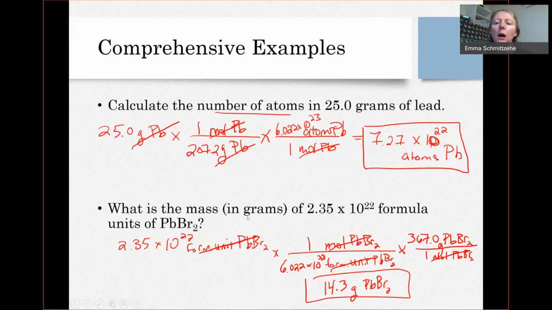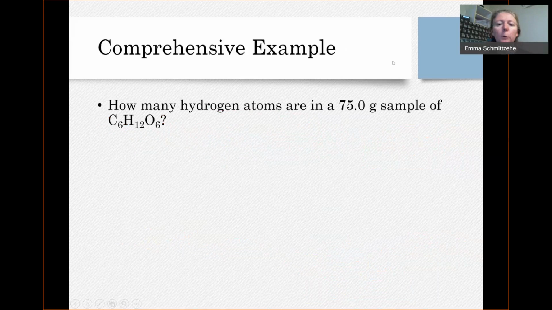Okay, so let's look at a couple more. Here I say how many hydrogen atoms are in a 75 gram sample of C6H12O6, which would be glucose. Again, we're only given one number here, so I'm just going to start with that one number, 75.0 grams of C6H12O6.